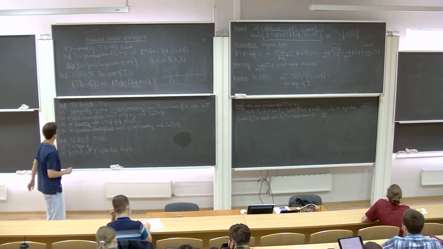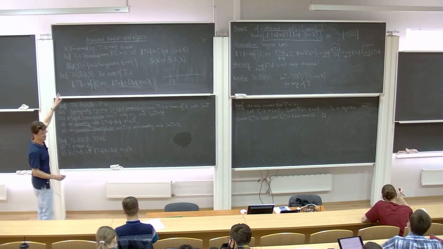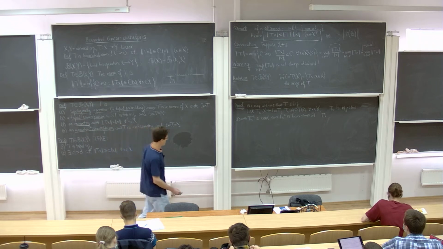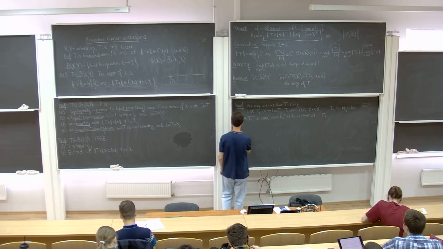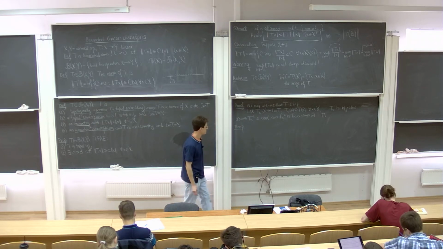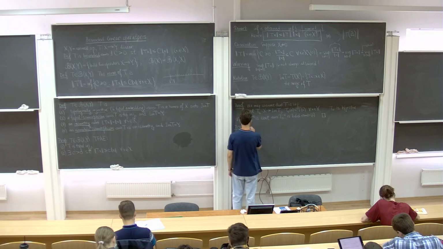Okay, so let's now come back to the set of all bounded linear operators from X to Y. And as I promised you, let's now prove that it is a normed space. So the following proposition describes the basic properties of the operator norm. Property 1.